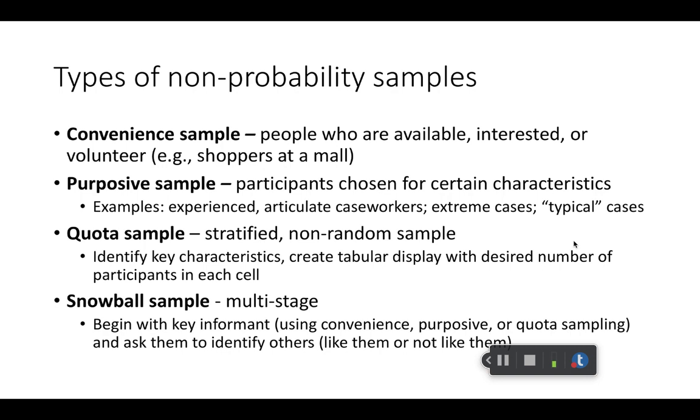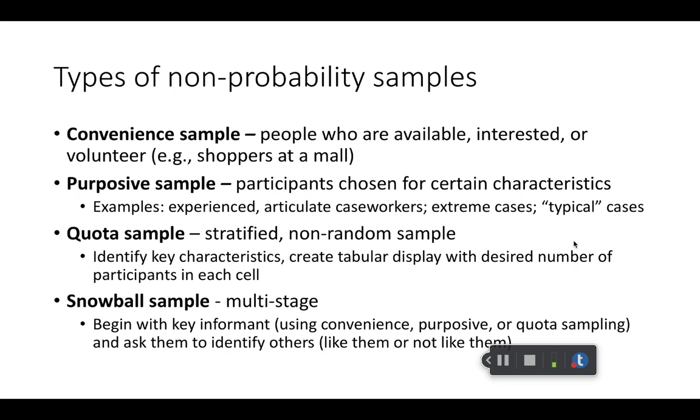An example is if you're talking to people who are shopping at a mall. It's not a probability sample, doesn't represent any larger target population. It's a sample of people who are easily available to you. Talking with your colleagues at an agency or clients in an agency are other examples of convenience samples.